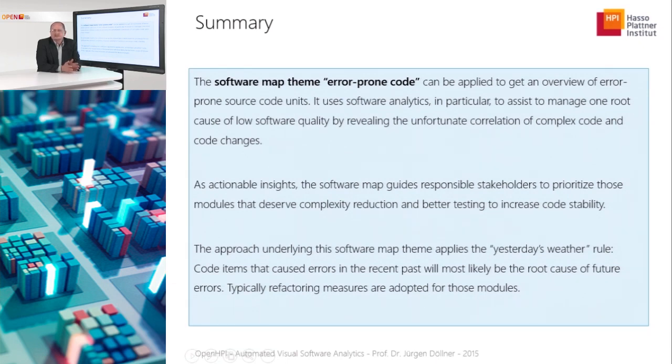And this correlation can be called an unfortunate correlation, because if complex code is handled frequently and quite often, then we can conclude that these parts are most likely to be error-prone or error-suspect.